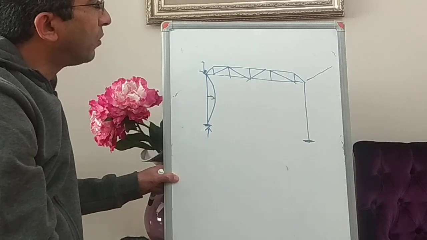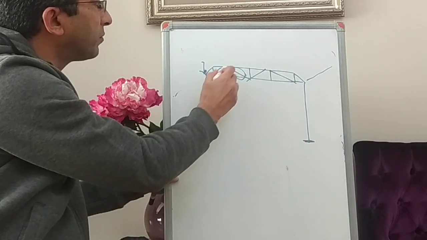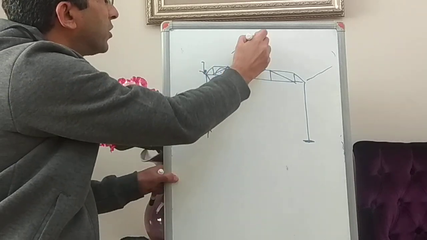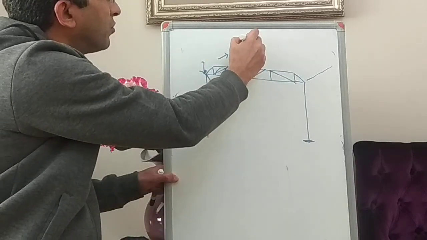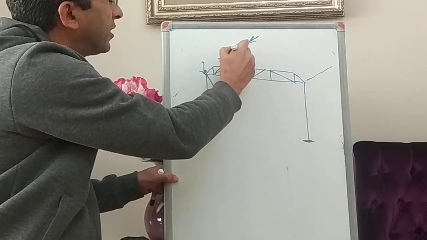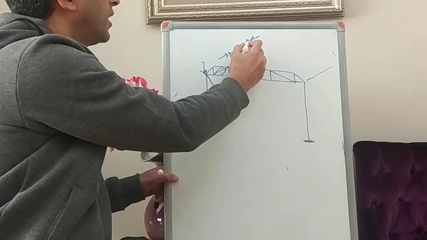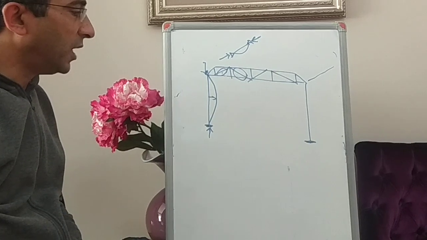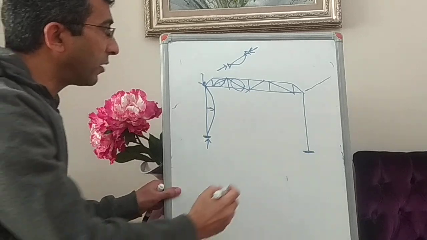Some of these members here will have tension, and for example this one has compression. Some of these members have compression forces, and the engineers need to check the stability of these thin members against the buckling loads, and they need to find the critical buckling load.